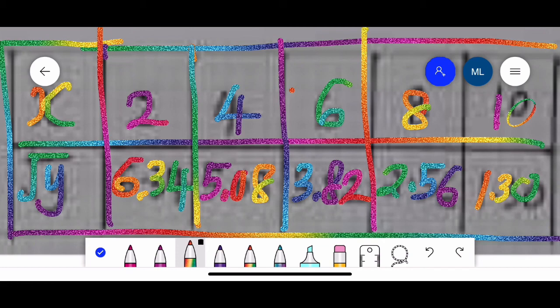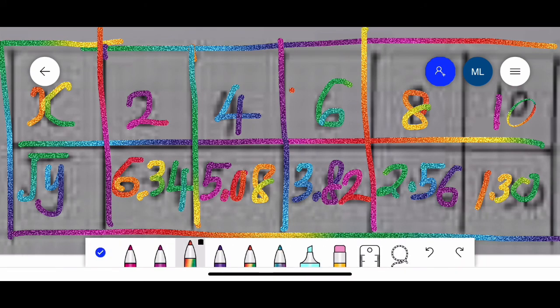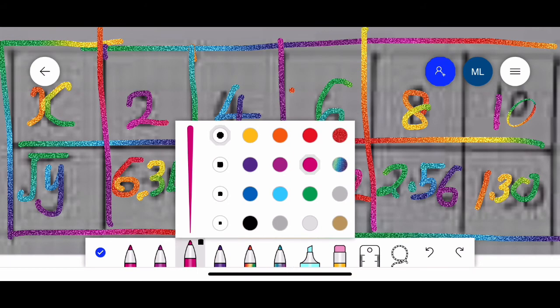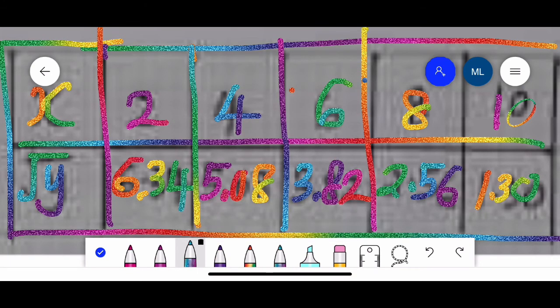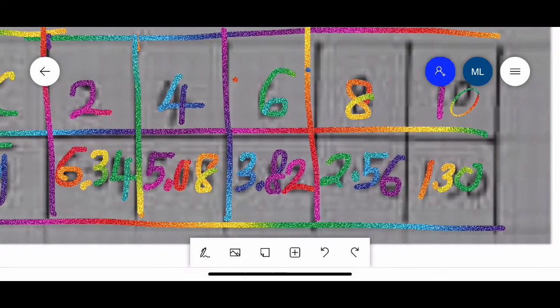Alright, so now as you see, we have the x and square root y. 2, 6.34. 4 is 5.08, right? And then we have the 6, 3.82. 8 is 2.56, and 10 is 1.30.